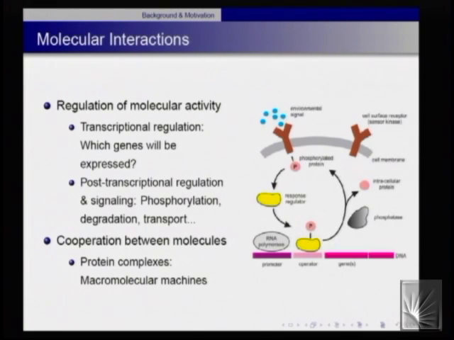These are all interactions between molecules. Then this signal goes through to transcription factors, which are responsible for regulating the expression of genes, which in turn produce proteins, changing the state of the cell in terms of the active molecules. And by changing the state, the cell responds to the stimuli.